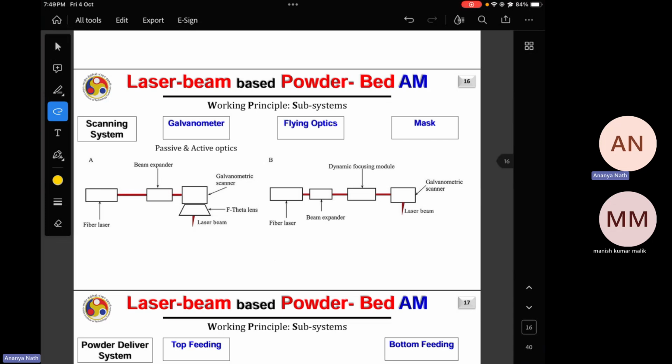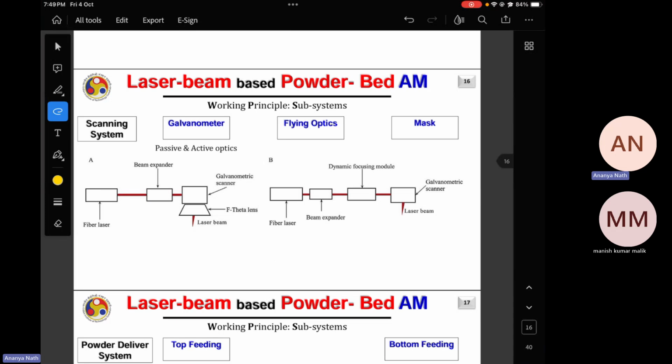The next subsystem is the scanning system. So I have told you that there can be Galvo scanner, there can be flying optics, there can be 3D scanning mirrors, there can be F theta lens and Galvo scanner setup. There can be mask which is useful in case of binder jetting.